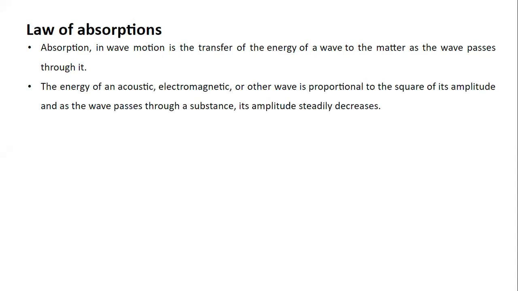The energy of an acoustic, electromagnetic, or any other wave is proportional to the square of its amplitude. And as the wave passes through a substance, that amplitude decreases gradually.